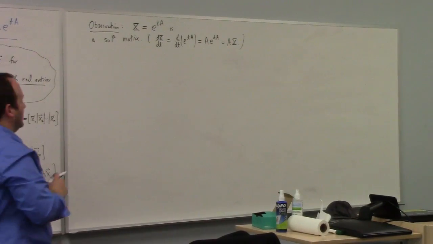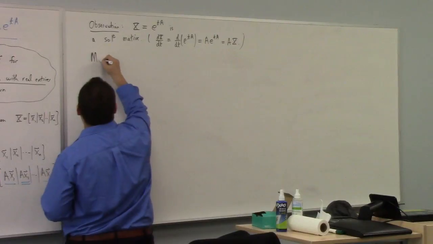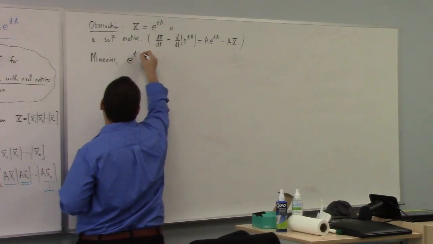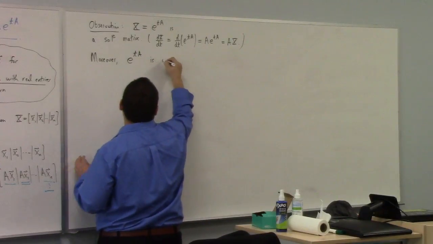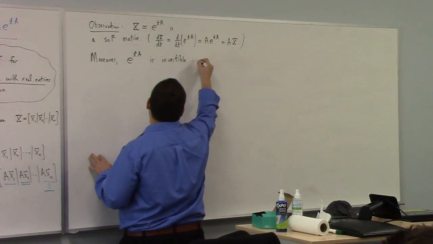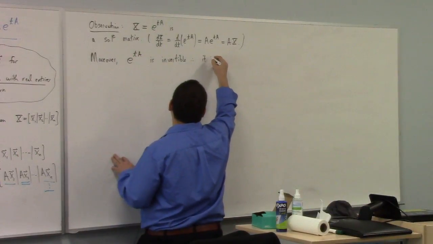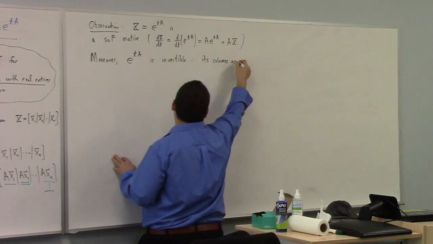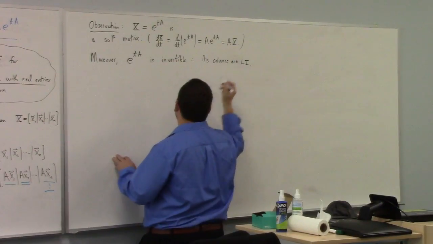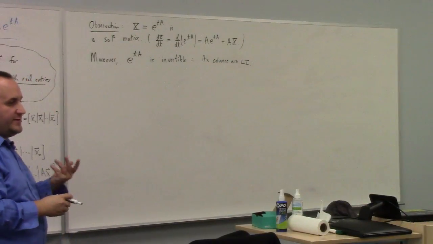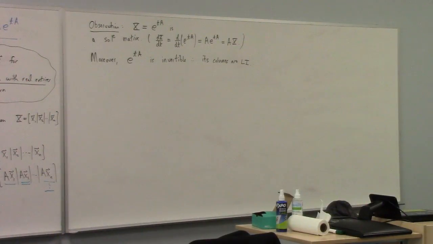Moreover, e^(tA) is invertible. Therefore, its columns are linearly independent. So not only do we have a solution matrix, we have what's called a fundamental solution matrix, right?